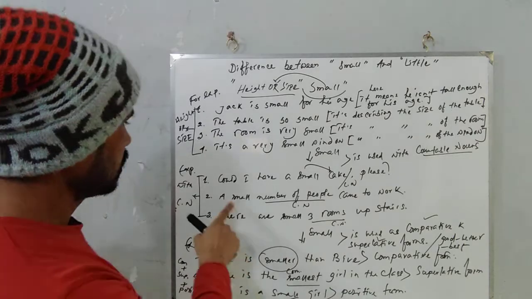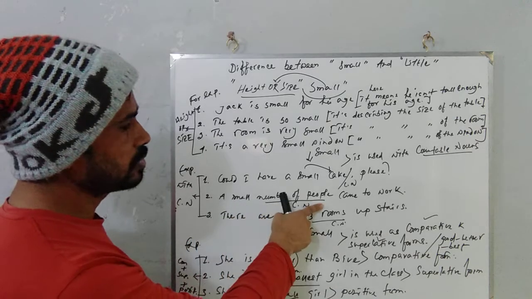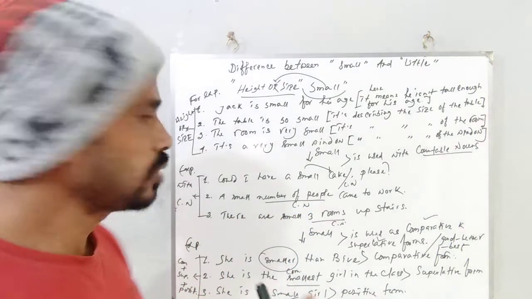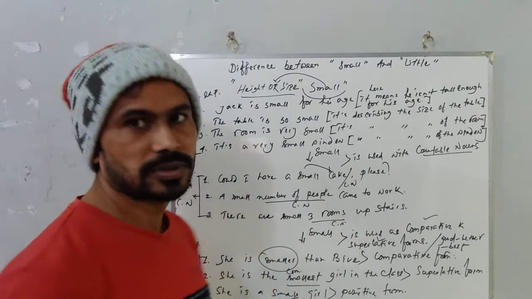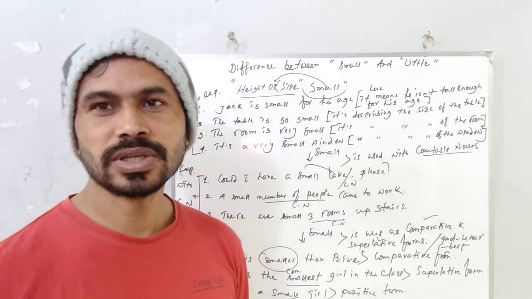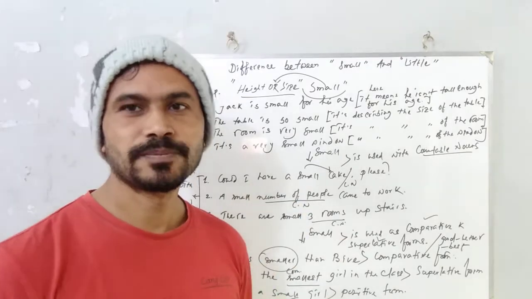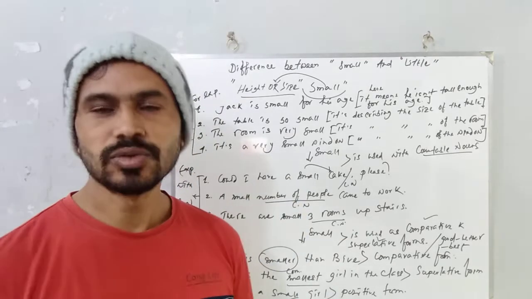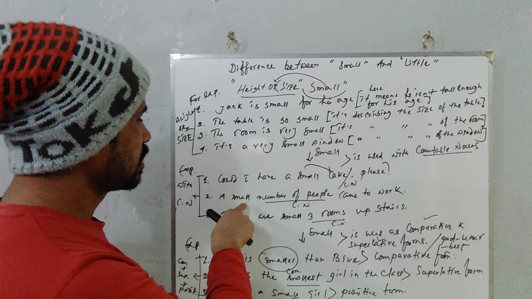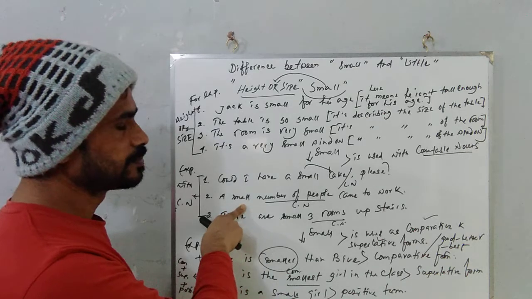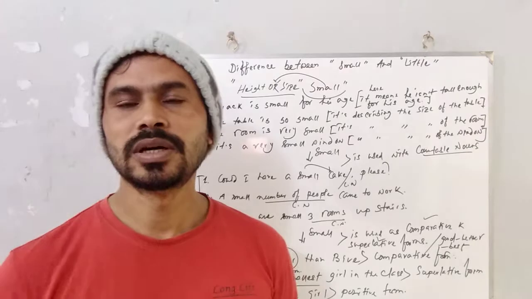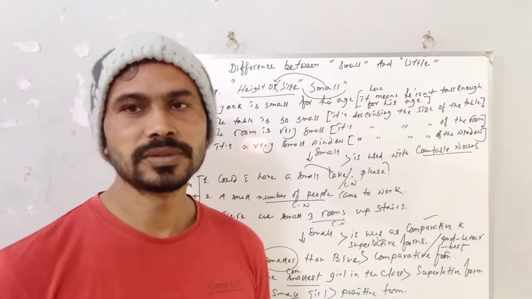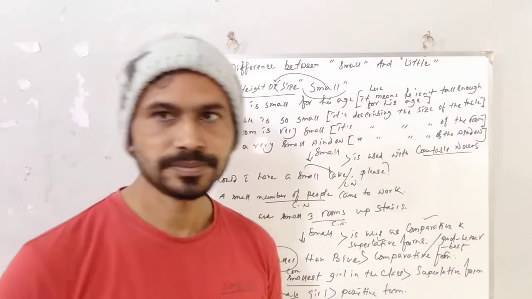Next one, a small number of people came to work. Number of people is a countable noun. You can count one by one. So this is a countable noun, and here we use small before it. Small is used with countable nouns.